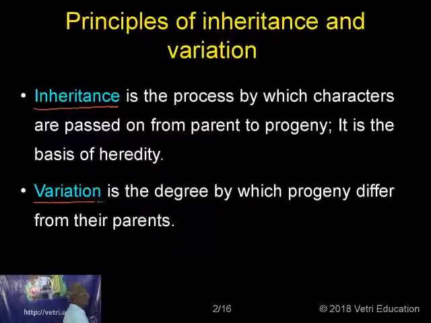So, inheritance and variation put together develop a particular character. A character is developed both by the genes as well as by the environment. When genes are developing a character, it is called inheritance, and when there is a change, it is called variation.